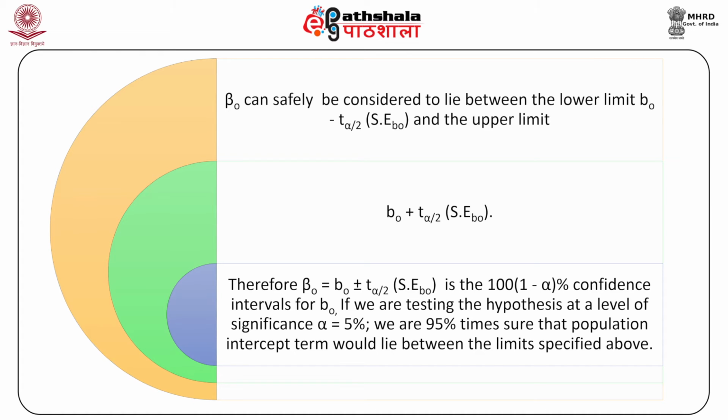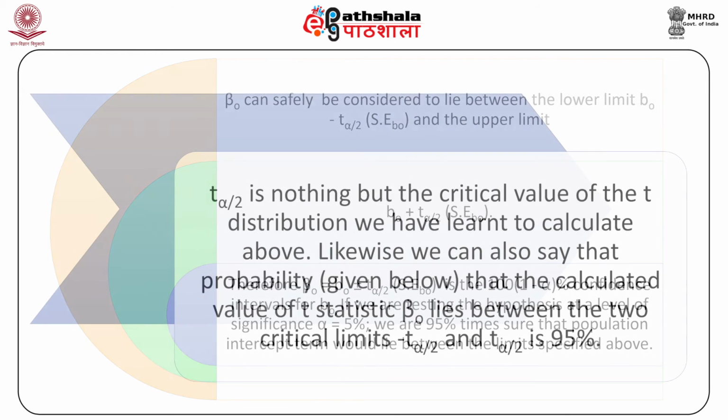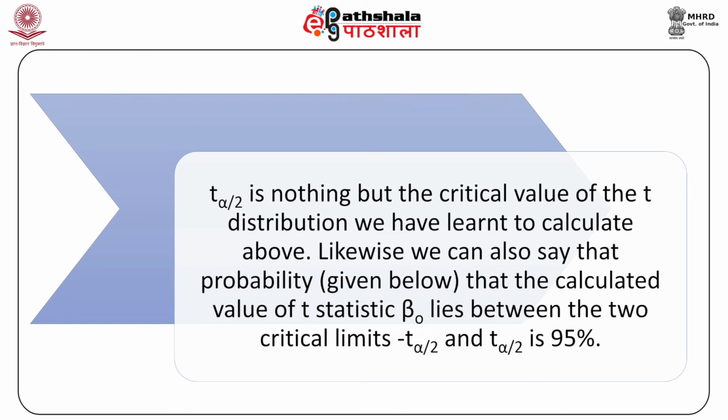If we are testing the hypothesis at a level of significance alpha equal to 5%, we are 95% sure that the population intercept term would lie between the limits specified above. t alpha by 2 is nothing but the critical value of the t distribution we have learned to calculate above.